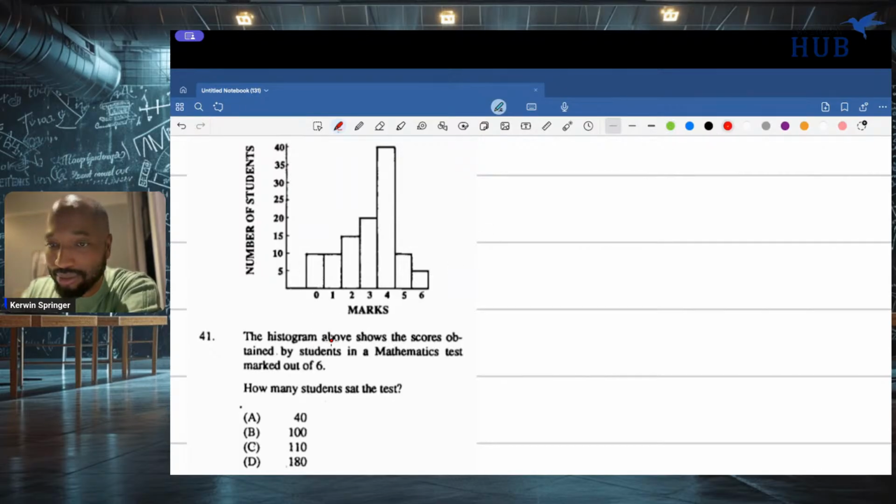The histogram above shows the scores obtained by students in a mathematics test marked out of 6.